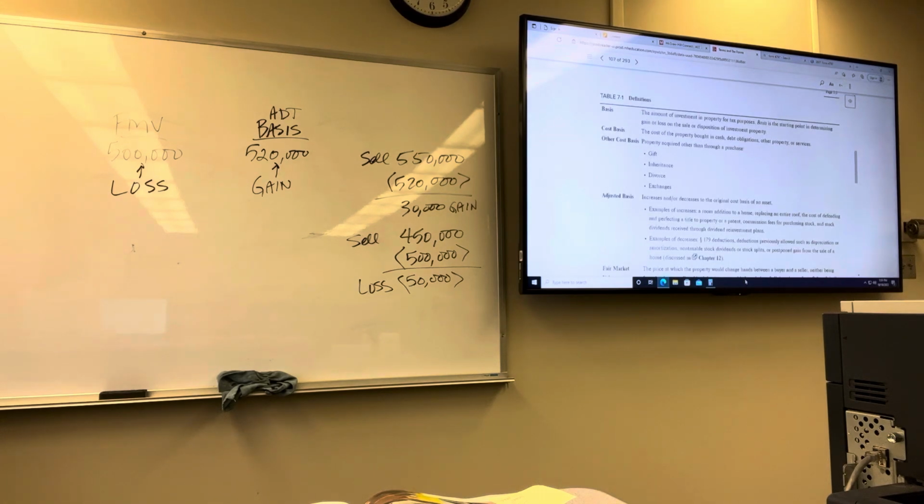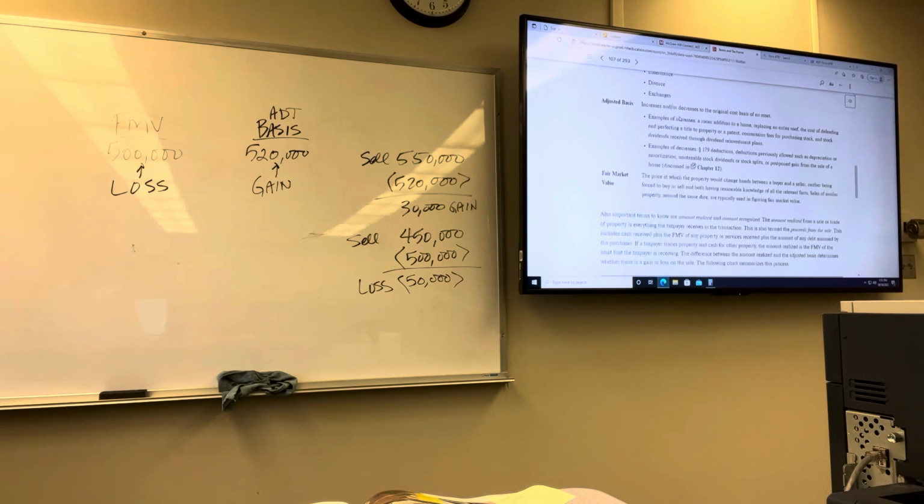So here's some definitions that they give you here. Basis, we should know what basis means. And then how we figure out the cost. Let's see. Cost basis, other cost basis. Adjusted basis, increases or decreases. You know, increases for improvements, decreases for depreciation.